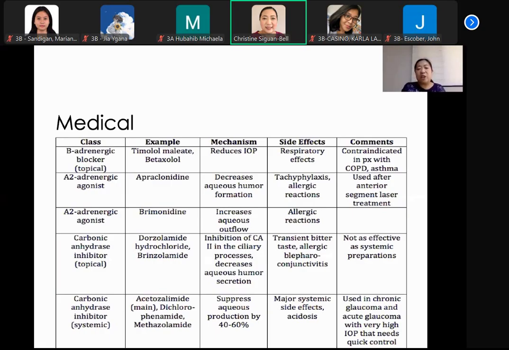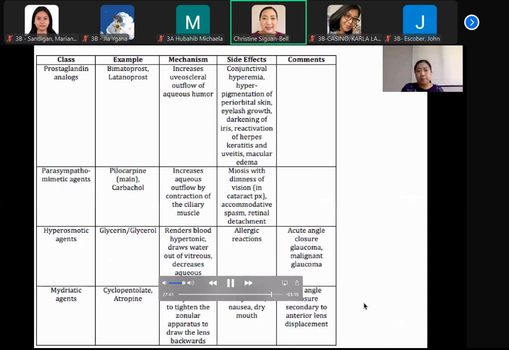If your patient needs to take a systemic carbonic anhydrase inhibitor like acetazolamide, it is important to ask for a history of diabetes and chronic kidney disease, as there are also side effects in terms of the renal function of these patients, especially in those taking acetazolamide. So please memorize this table.